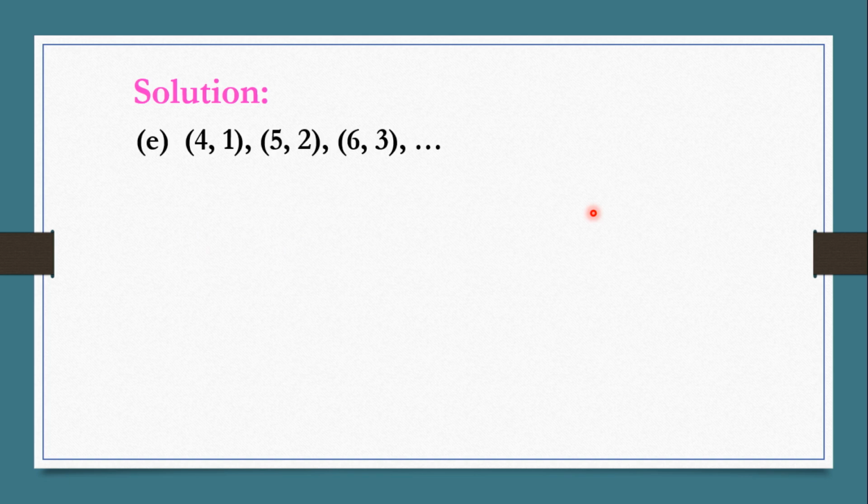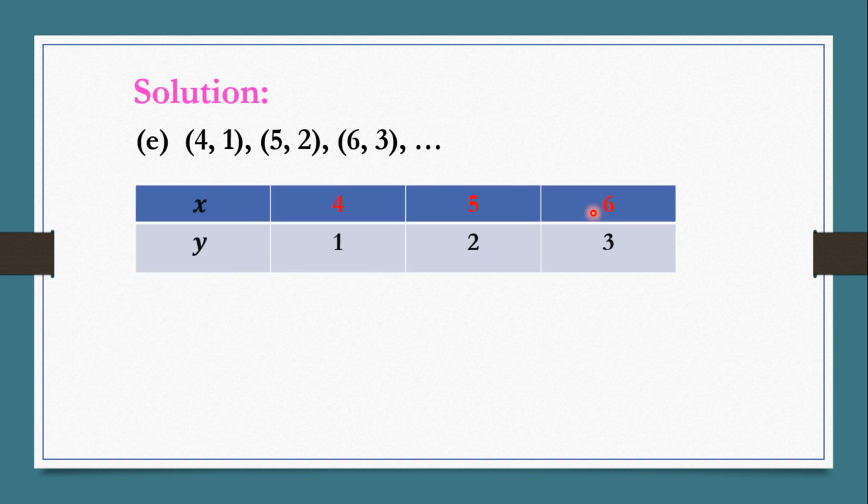Part E: (4, 1), (5, 2), (6, 3). Once again, we have the table of values here. Now, what is the relation between x and y? Here, 4 minus 1 is equal to 3, 5 minus 2 is equal to 3, and 6 minus 3 is equal to 3. They all give us 3.